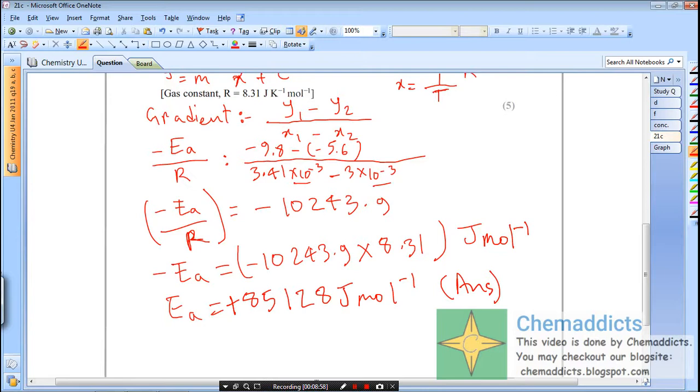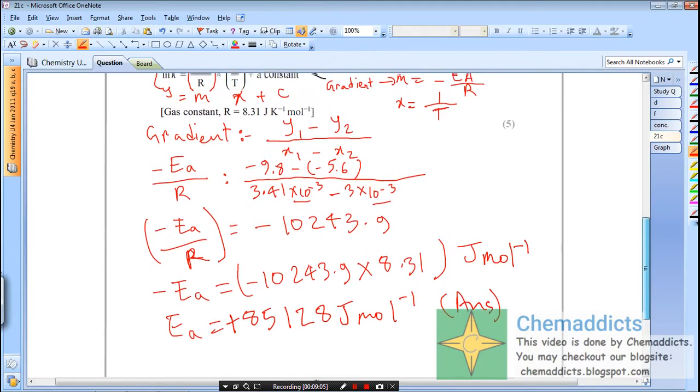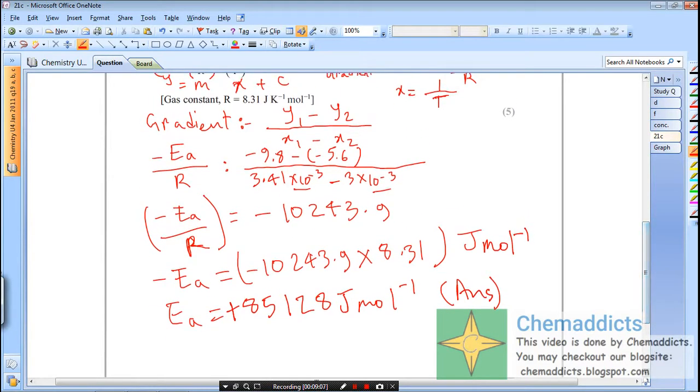One thing we need to know is that this value should come out positive.